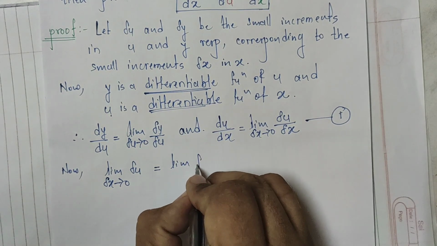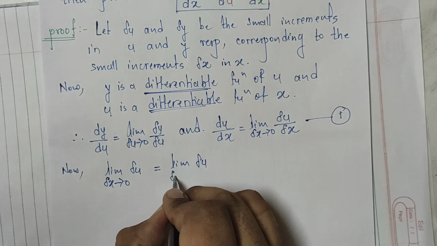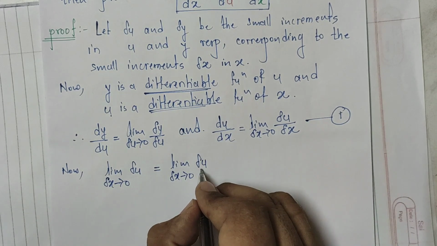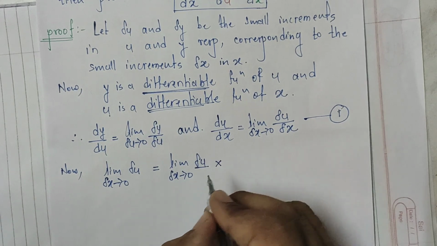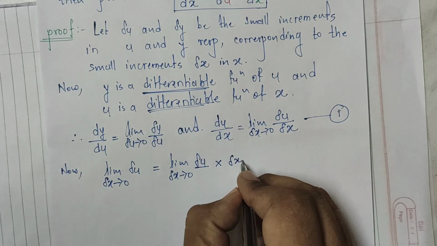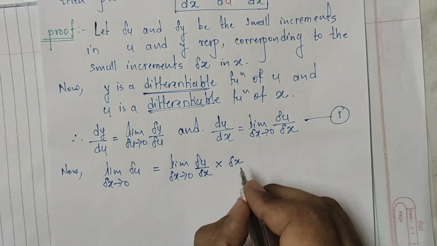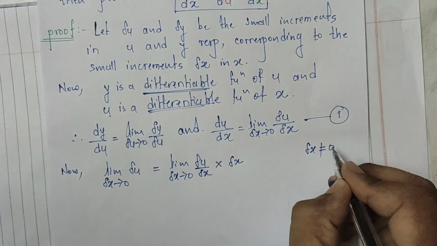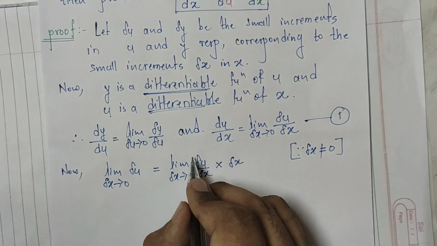Okay, here I am multiplying and dividing by delta x. Why? Delta x is a small increment, delta x is not equal to 0. Therefore, we multiply and divide by delta x.